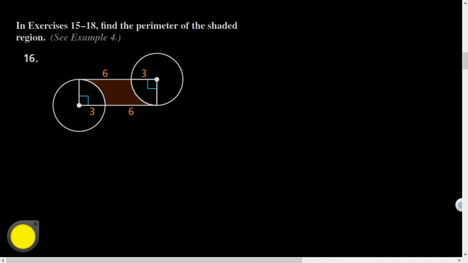All right, find the perimeter of the shaded region. Okay, perimeter. Ladies, gentlemen, quiet please. The perimeter of this figure is going to be 2 times these side lengths plus 2 times these little arcs, right?